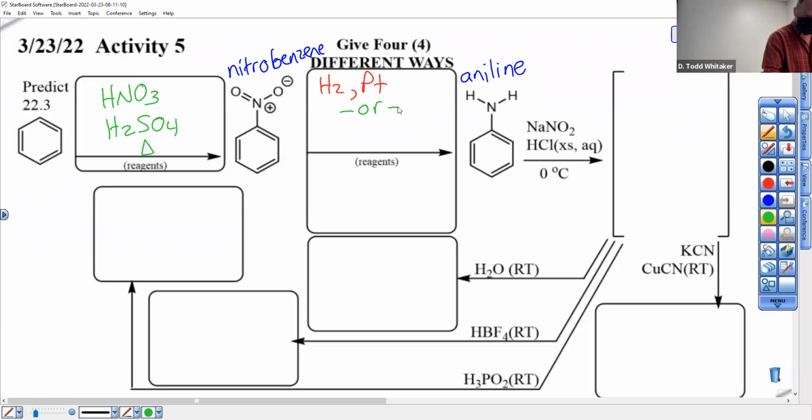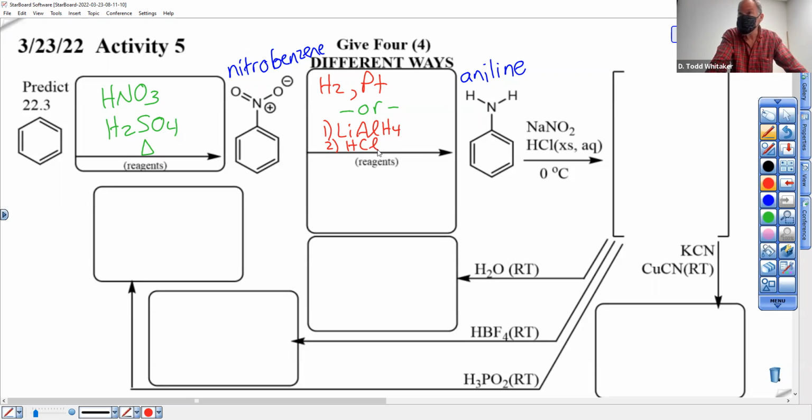Or you could use our standard fallback reduction. This is the most versatile reducing agent we know. Step 2 is always HCl with that one. I do want to caution you though, lithium aluminum hydride reduces many things. We've already seen it react with many things. Do you want a quick summary?